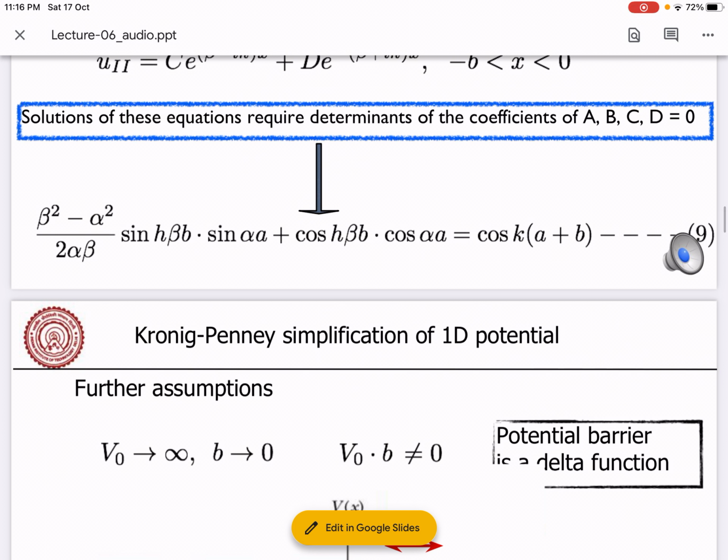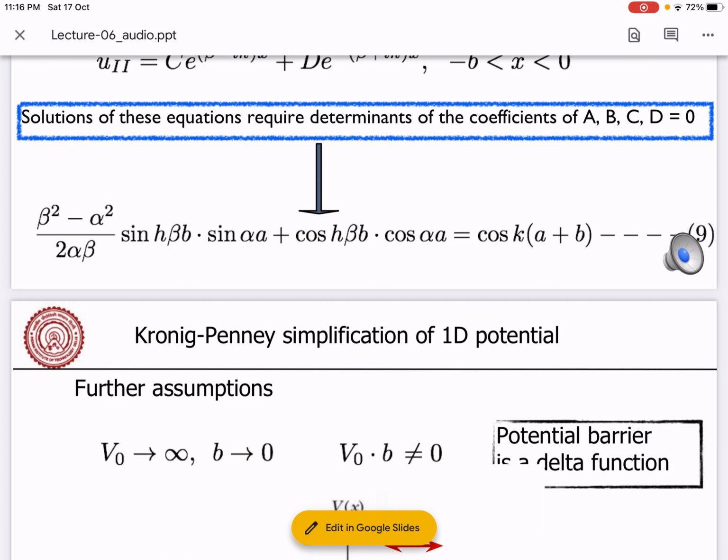Now, to solve this, Kronig and Penney simplified further. They assumed that the height of the potential is infinite. They considered the barrier as a kind of delta function, where the potential V0 is infinite whereas b, the width of the potential, tends to 0.